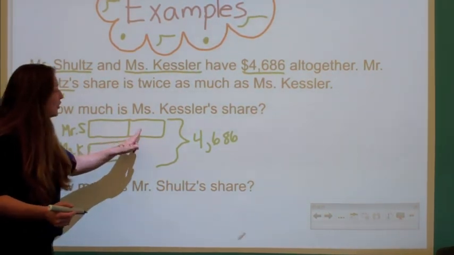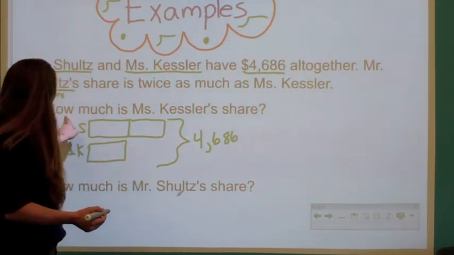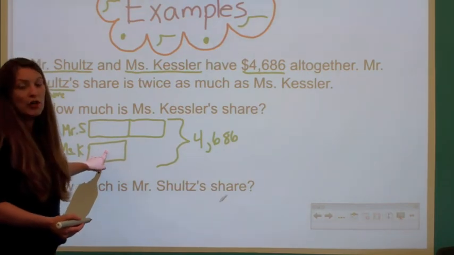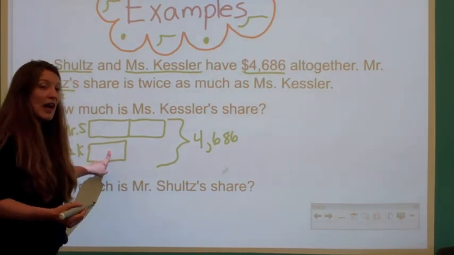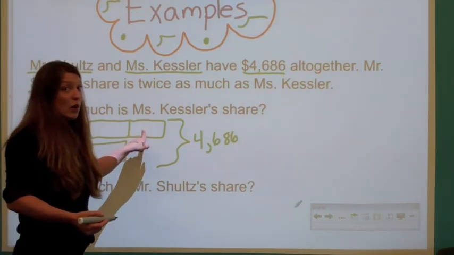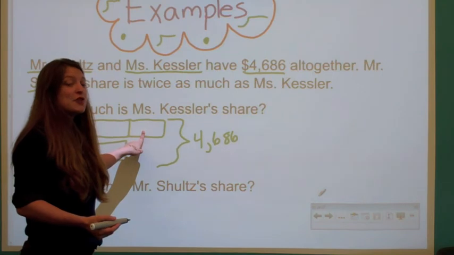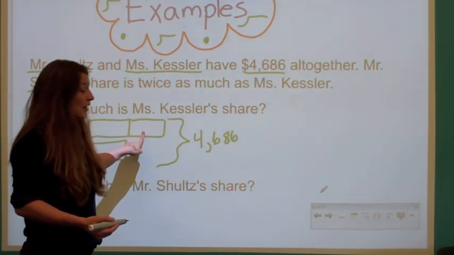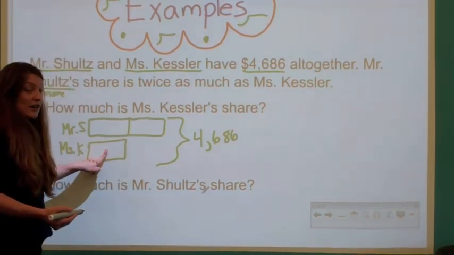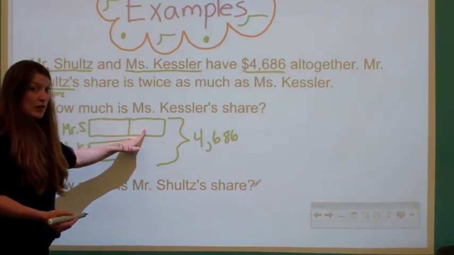Now there are 3 shares that we have to find out, and I want to find out how much is just 1 share. Well, I know that all of these shares are going to be equal. So that's telling me that I'm going to have to divide, because this share is the same as this one, is the same as this one.